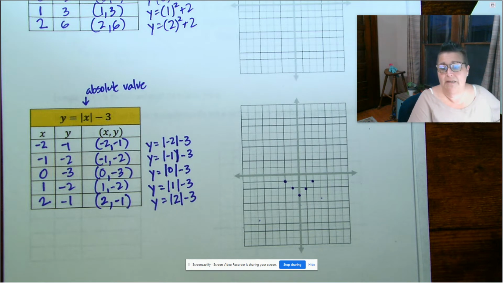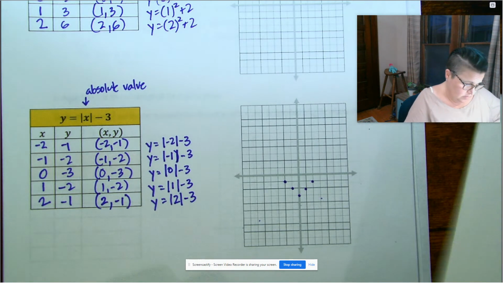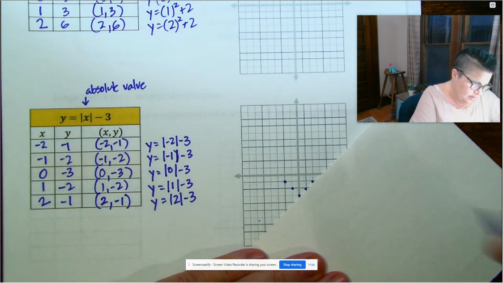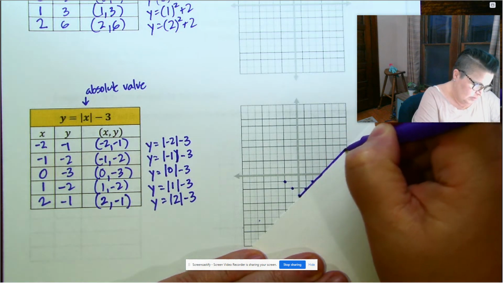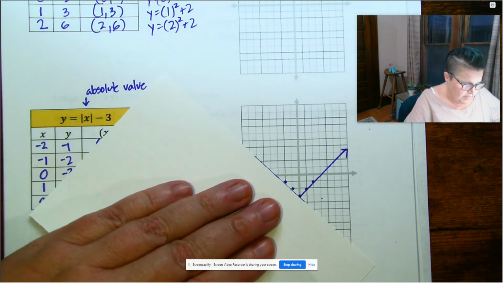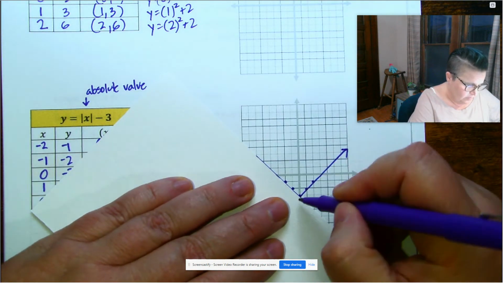These 5 points form an actual V with a sharp point there. This is an equation of an absolute value.